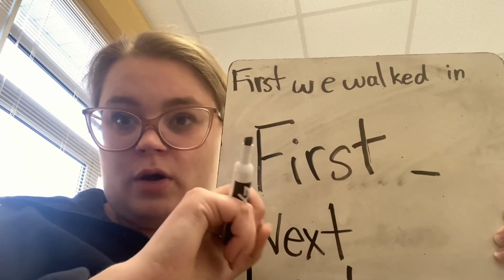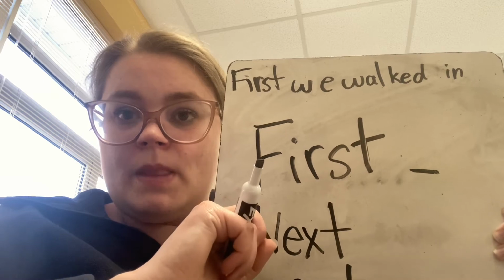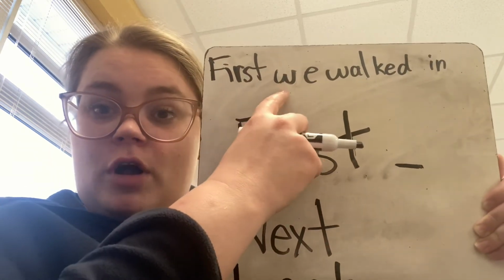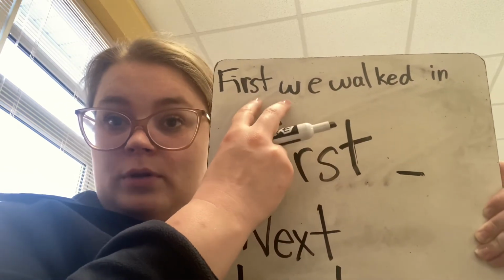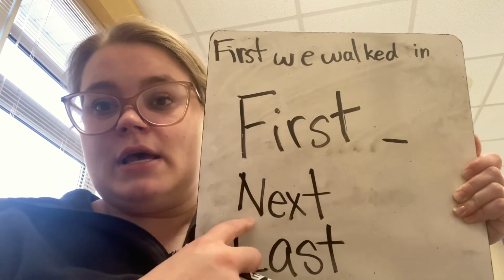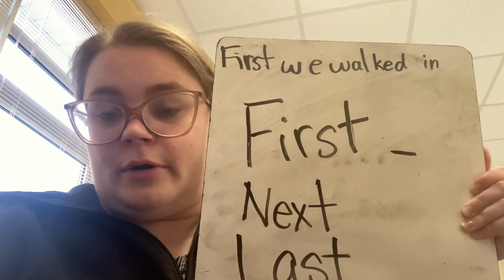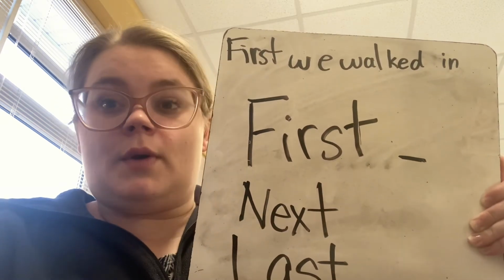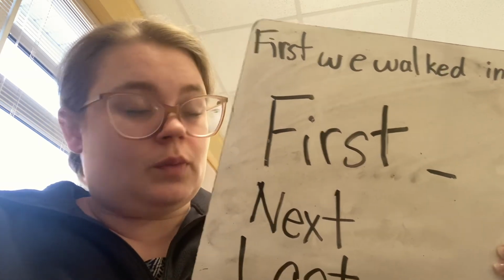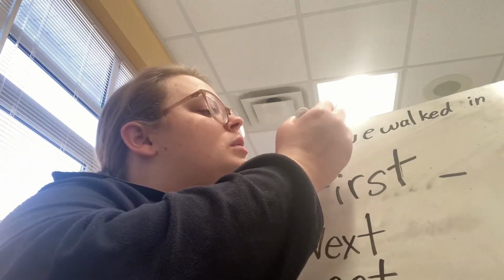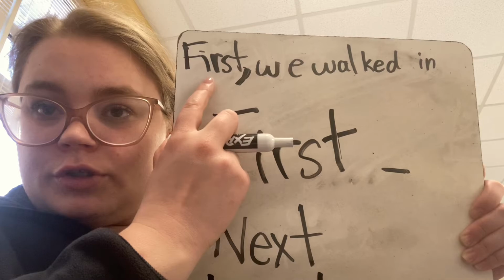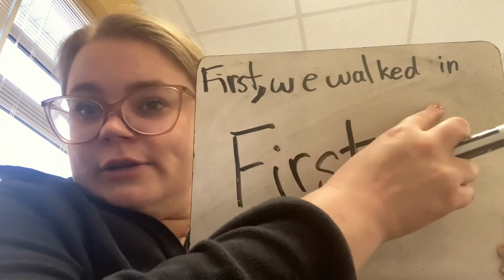Okay, so if you clicked on the play button just now, you should have gone through and fixed your capital letters so that your transition words are the first word in every sentence and therefore start with a capital letter. Now we're going to put a comma after our transition word. You just put the comma in between your transition word and the rest of your sentence.